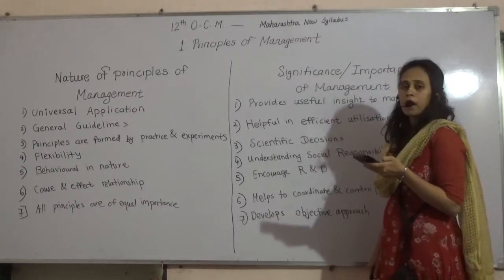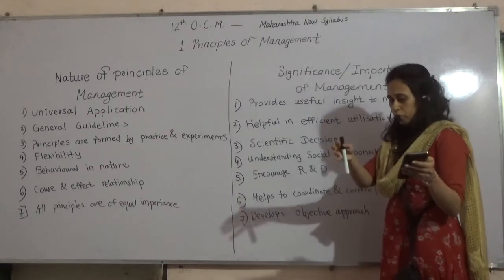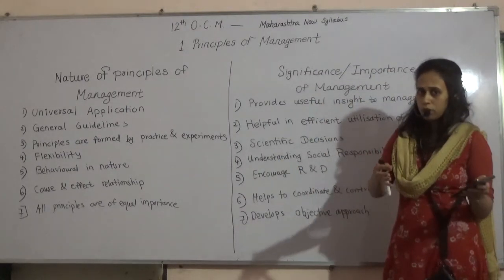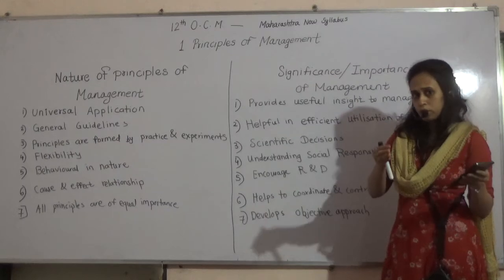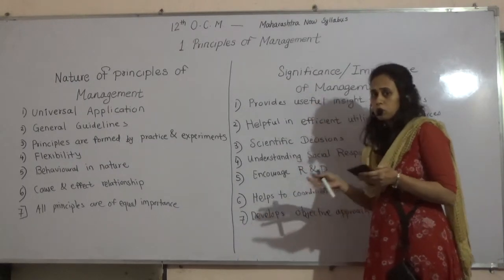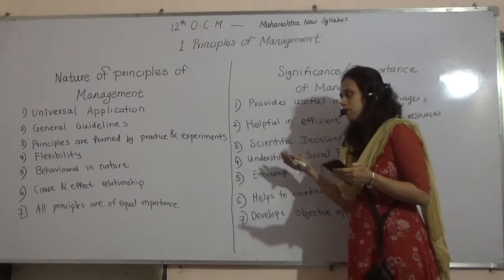Next, cause and effect. Cause means this is the cause, and if you do this, this is the effect. If you pay well, if you treat your employees in a nice way, if the equality principle is applied in your organization, this will give you a good result.